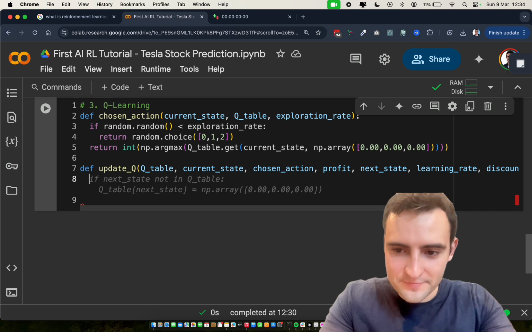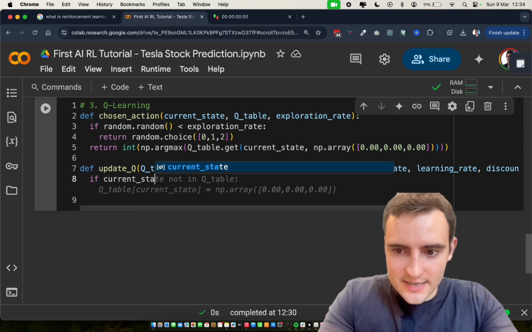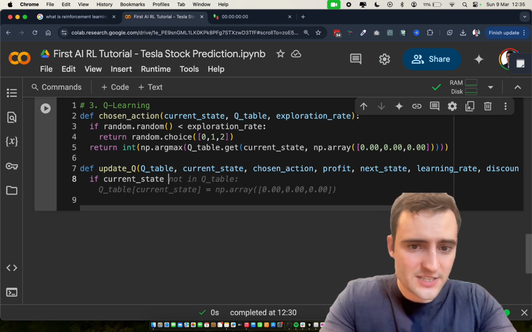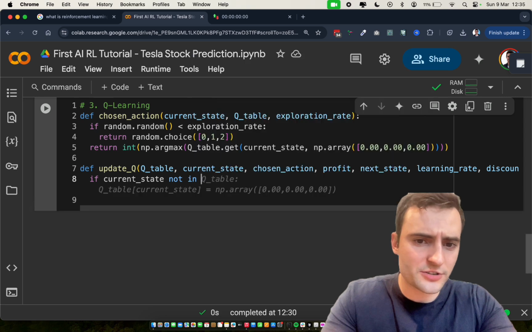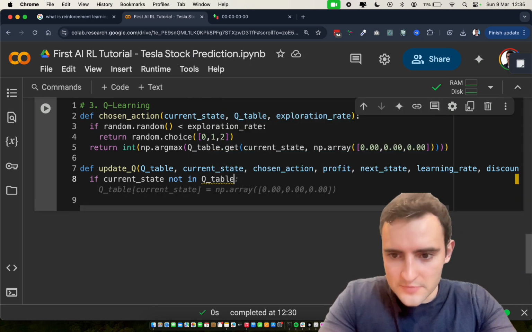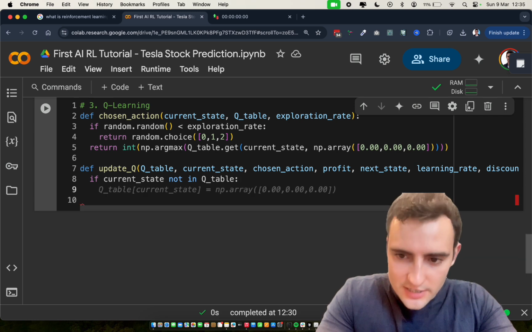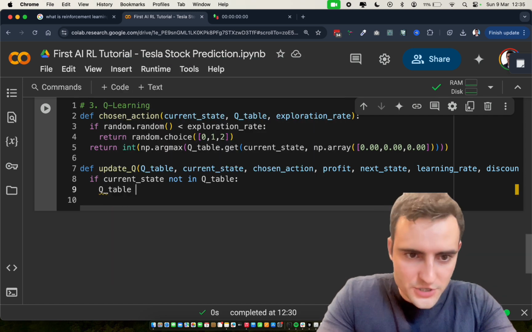If current state is not in the Q table, so if we come across a certain state and we've never seen this before, what we do is we add this knowledge to the knowledge table, which is the Q table.